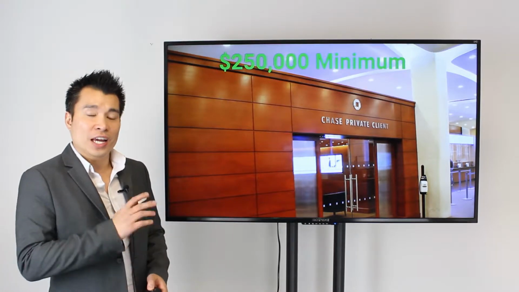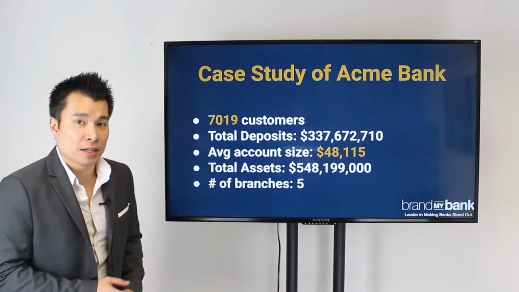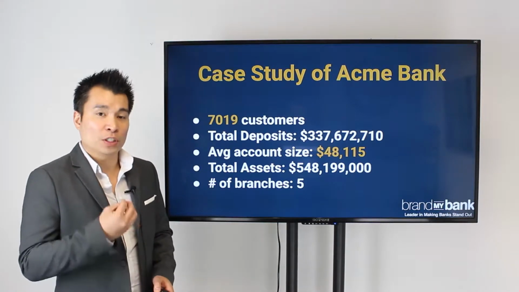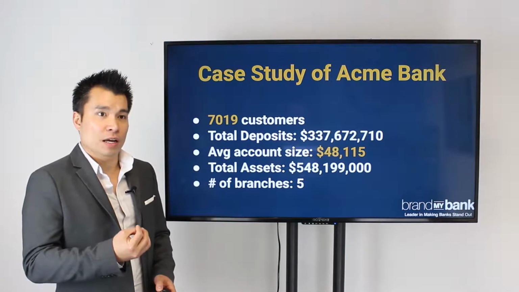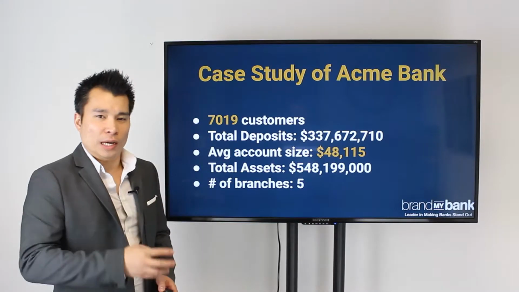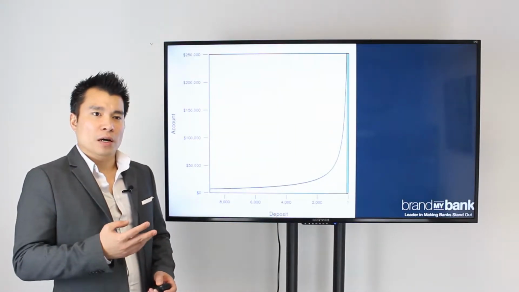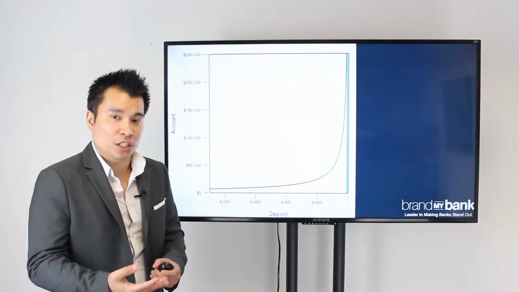So let me share with you a case study that I did for a community bank. They gave me the data of how much deposit they have, and of course they hide all of the names and information. So I put it into my simulations.